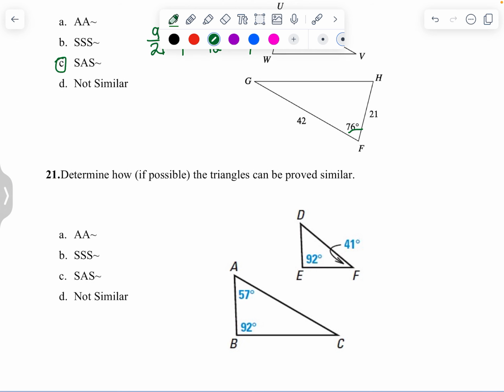All right, determine how, if possible, the triangles can be proven similar. So right now, I'm only seeing one angle, and we're not given any information on sides, so we can't use side, side, side or side angle side. But we've got to check and see. We have to be thorough to see if it's angle. And so right now, there's only one angle. Let's find this missing angle to check and see if it's angle. So we're going to add the two angles that we have, 92 plus 57. And I'll subtract that from 180.